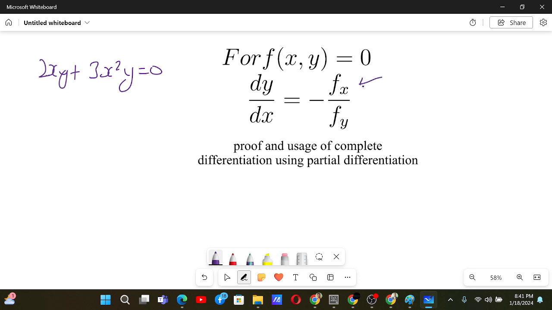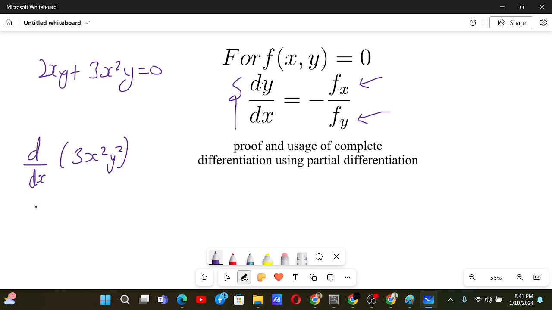This is partial derivative with respect to x. This is partial derivative of function with respect to y, and this is just derivative of y with respect to x. So basically, let me clear that before we start. Let's say we have to differentiate with respect to x, for 3x square y square. I will use product rule, and both of them will be variable.